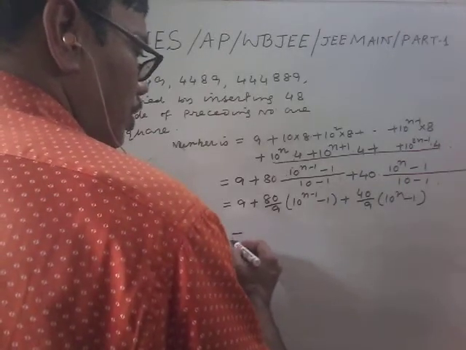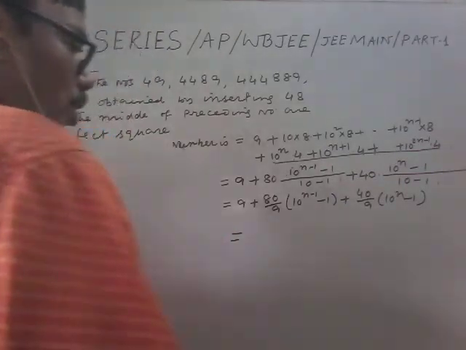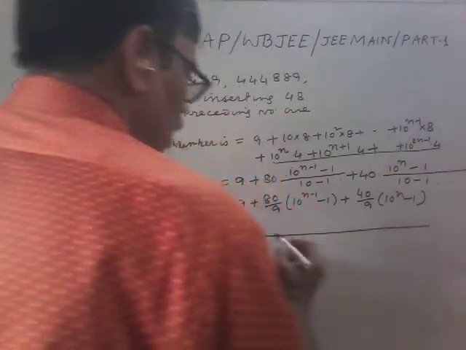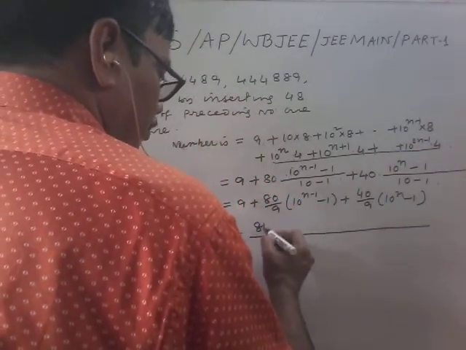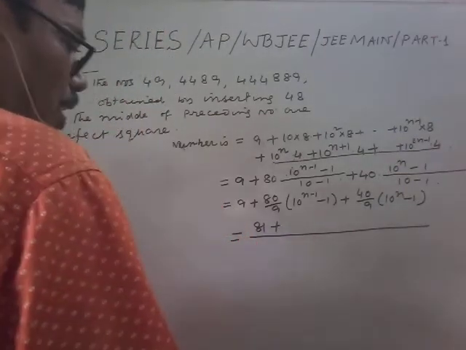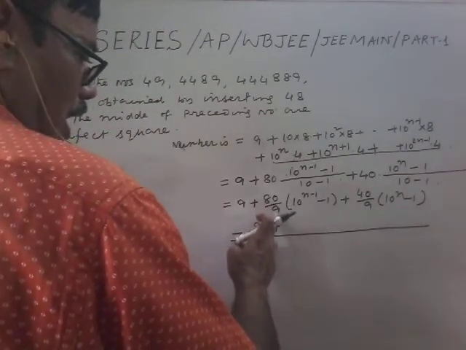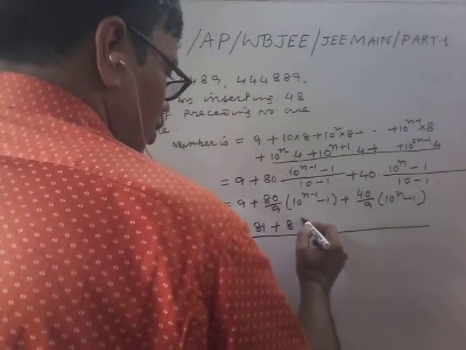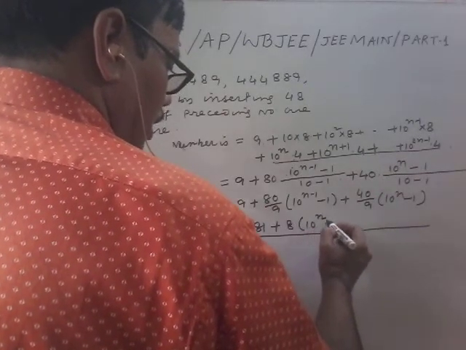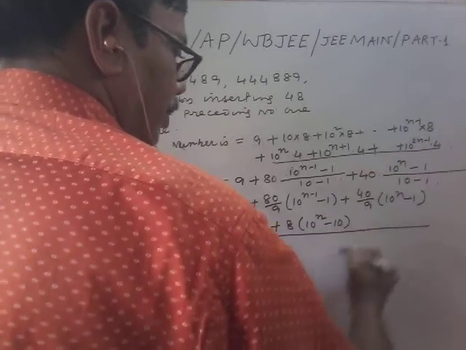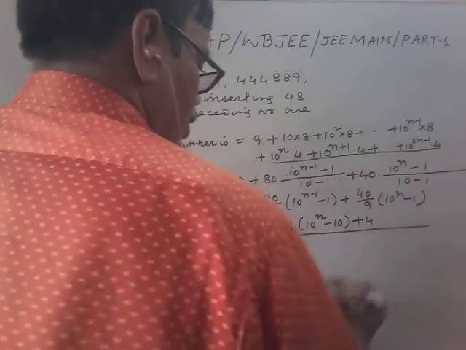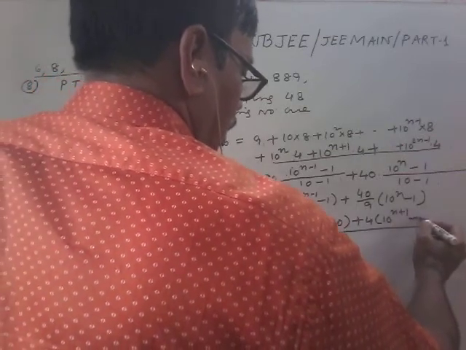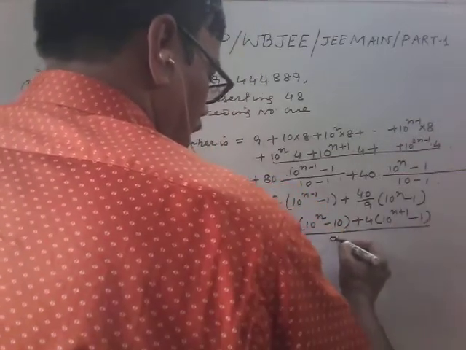Now if we take the LCM, what we are getting is 81, 9 into 9 is 81, plus 8 into 10 to the power n minus 10, plus 4 into 10 to the power n plus 1 minus 1, all by 9.